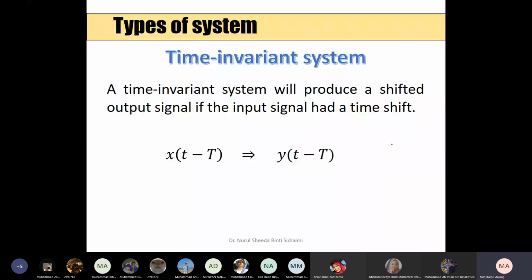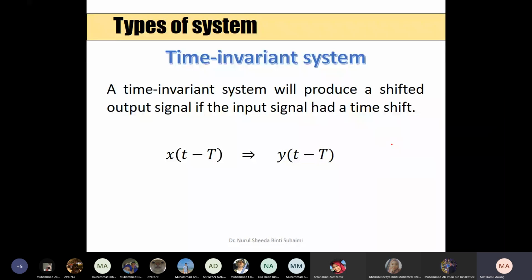Time invariant. A time invariant system is one where a delay in the input signal produces the same delay in the output signal.